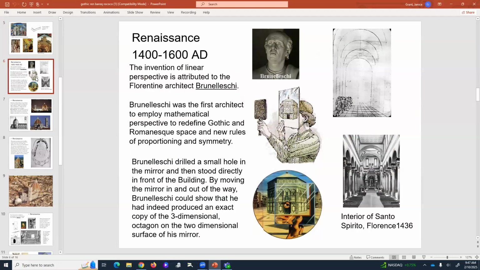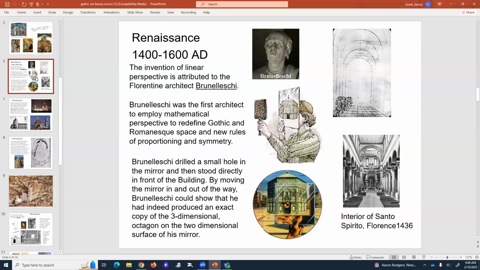So we see people like Brunelleschi who start to talk about it and use it in his architecture. The invention of linear perspective is attributed to Brunelleschi when he started to look at mathematical perspective and define the rules of proportion and symmetry.